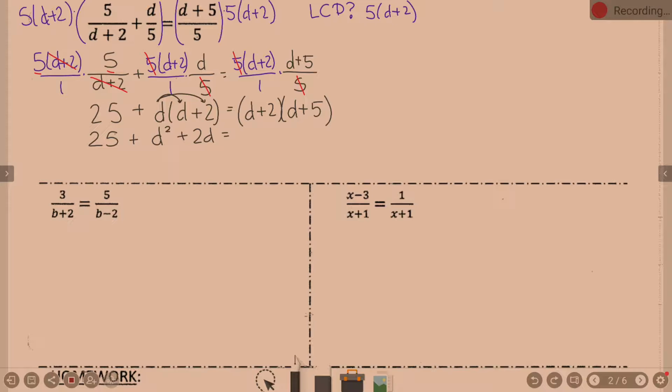On the right, how are we going to multiply? This is parentheses times parentheses, so we're foiling. D times d, d squared. D times 5, 5d. Then 2 times d, 2d. And 2 times 5, 10.